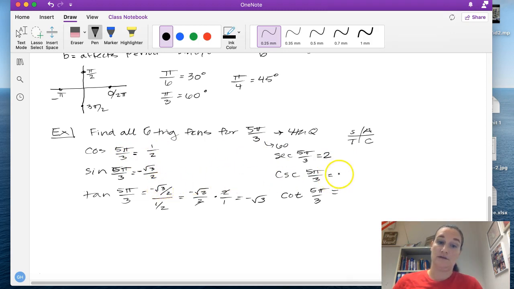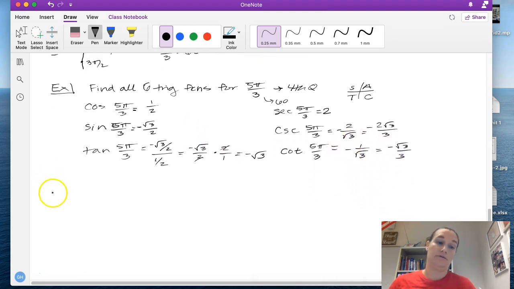Cosecant goes with sine. You flip square root of 3 over 2, you get 2 over the square root of 3. If you rationalize that, it's 2 square root of 3 over 3. I'm fine with you leaving it that way, but you should know how to simplify it. And then cotangent, you flip that one: negative 1 over the square root of 3, or if you rationalize it, negative square root of 3 over 3. On a test, if you left the square root in the bottom, I'd be fine with that.